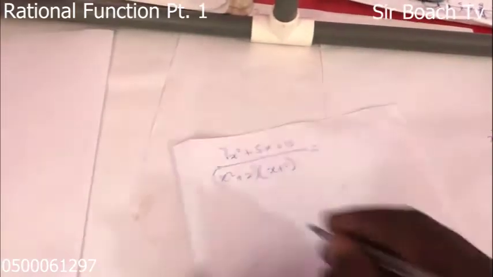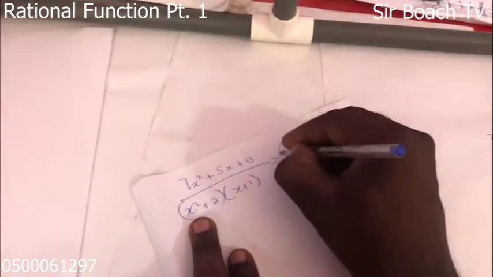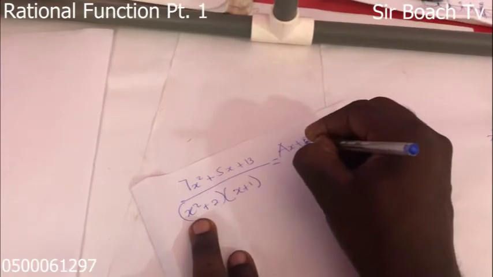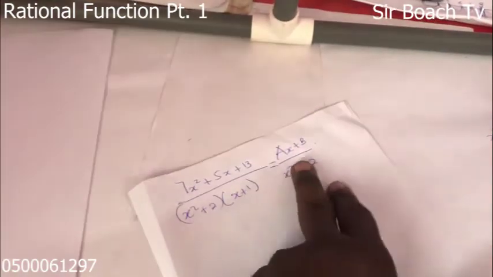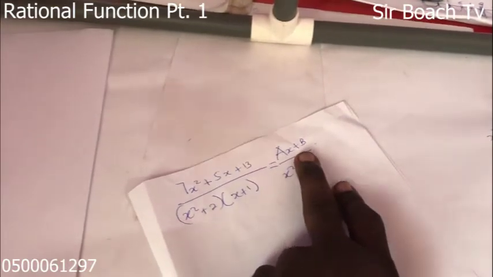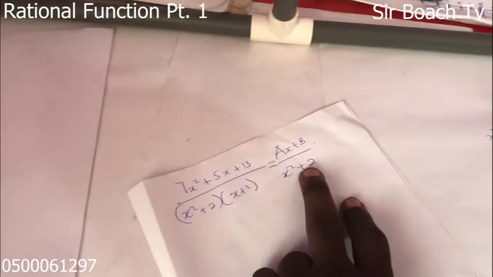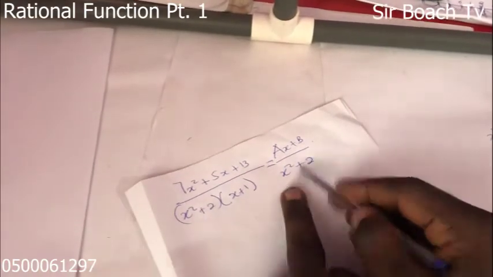Now, splitting this one, because the quadratic aspect is first, we are going to get ax plus b on s squared plus 2, because that's the quadratic part. Always the as plus b will be on the quadratic part. So now the quadratic part is the first one. That's why you are bringing the as plus b over here.